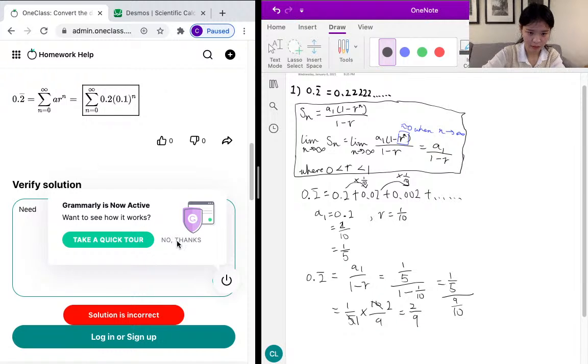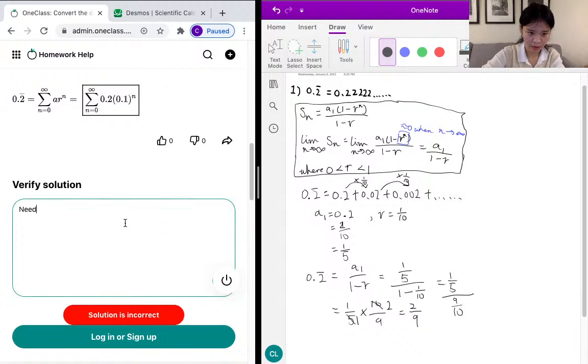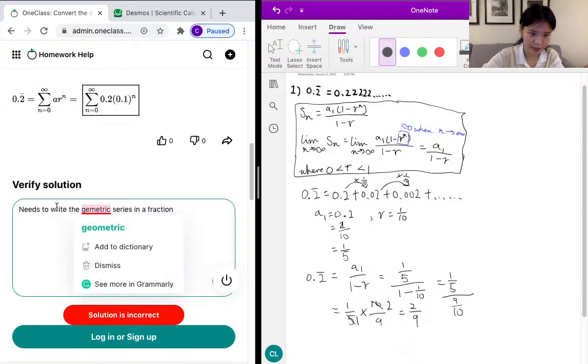So let's just say it needs to convert the geometric series into a fraction.